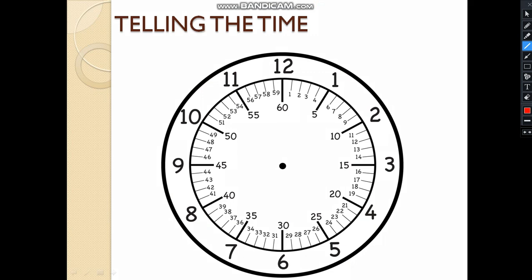First of all, we know the quarter. What is the quarter? First of all, we will divide this clock into 4 equal parts. I have divided this clock into 4 equal parts.